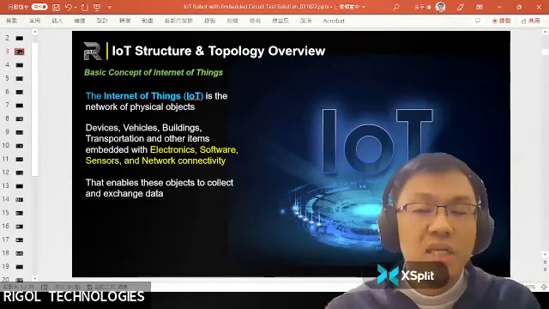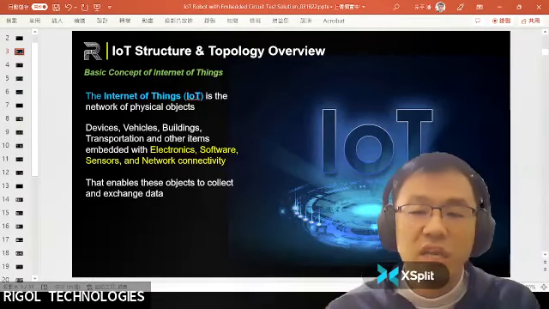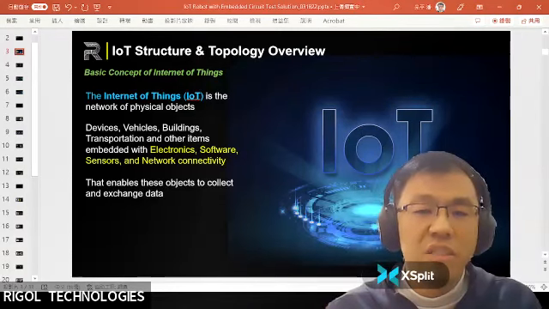So it is the simple concept of the Internet of Things. I think all of you already know this technology and its applications.